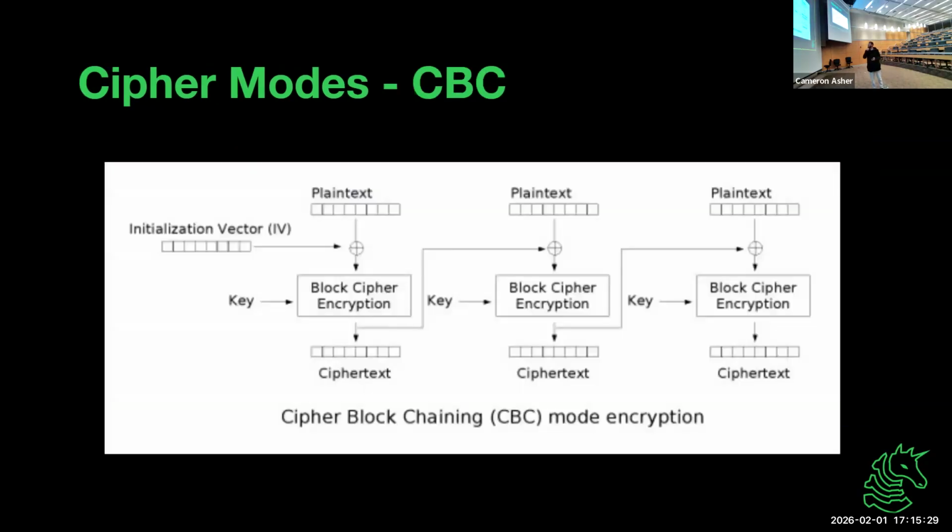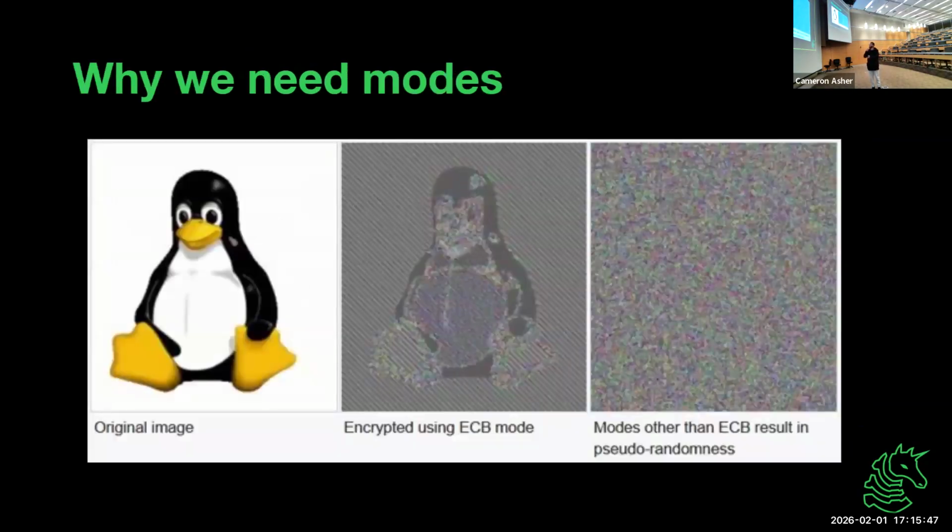So to solve this, we have CBC, which just means that before entering the second block of plain text into the cipher, we XOR it with the first ciphertext, and so on. The advantage of this is, if we encrypt this penguin, we see here that with ECB, it still looks like a penguin.